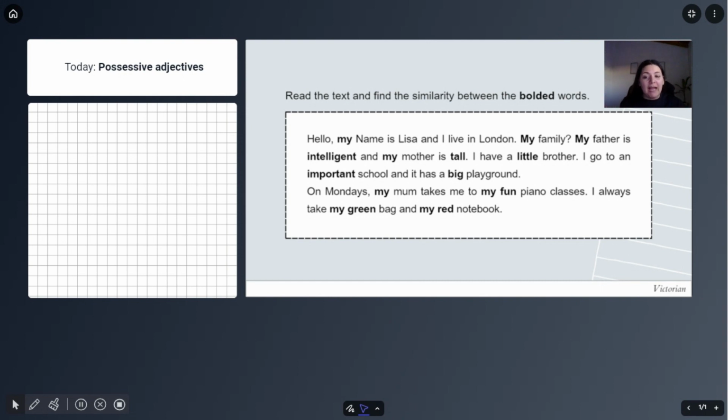Before we introduce it, I want you to look at the text on the screen and try to identify the similarities between my, intelligent, big, fun, red, okay? The bolded words. I'm going to give you some seconds for that.